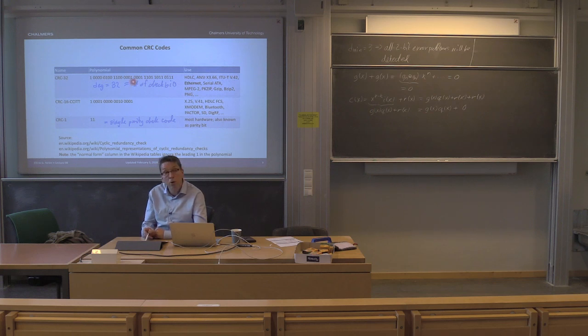I got these polynomials from our friend Wikipedia. Wikipedia is usually reliable, but not always, right? So it should be taken with a grain of salt. But in this case, I think it's accurate. However, if you do that, Wikipedia will only list these bits.